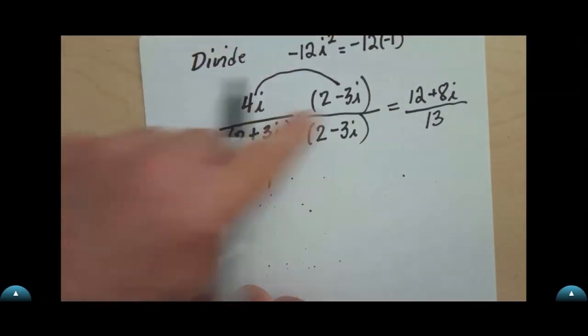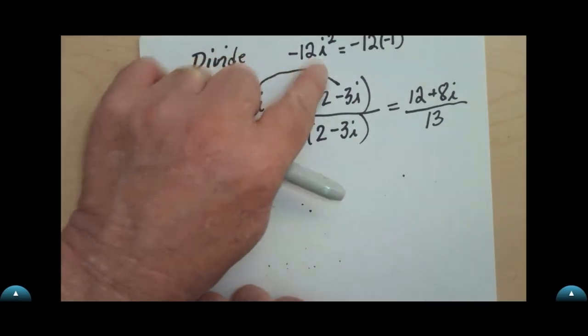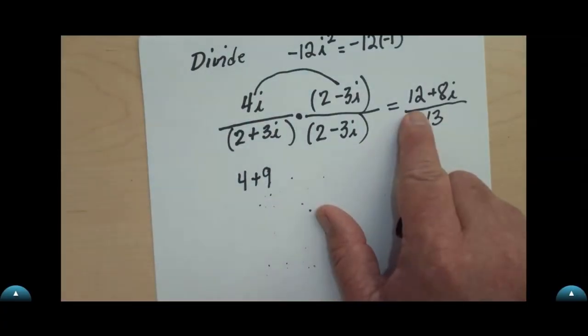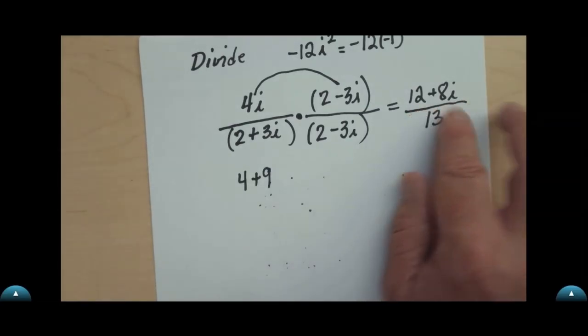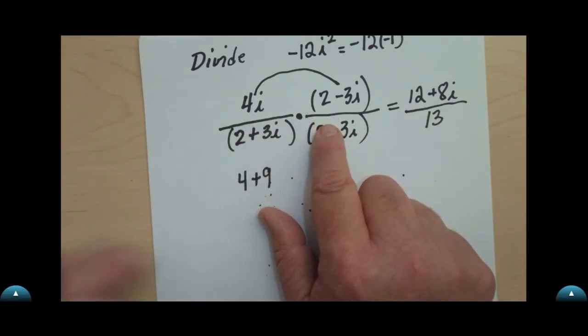So when I do that 4i times negative 3i, I get negative 12 times i squared, which is negative 12 times negative 1, which of course is positive 12. Everybody see that? Now you're looking at that going, yeah, but why did you put the 8i last even though you did that one first?